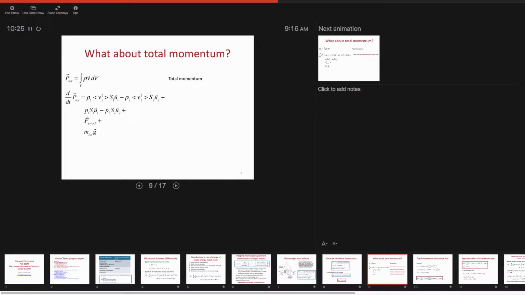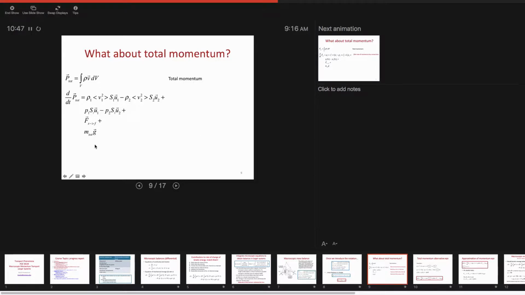All right. Now, what about the momentum? If I integrate momentum, my total P is the integral of rho v dV. Okay? And then the change of this is basically what comes in and out of the boundaries. Okay?